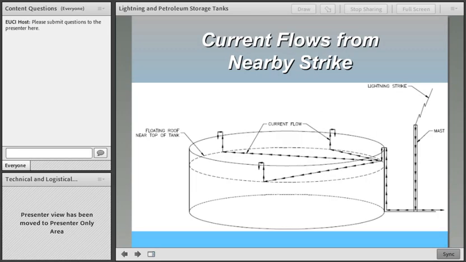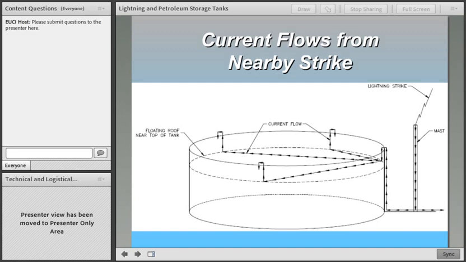This is an illustration of a strike to a mast near a floating roof tank. And as you can see, the lightning current travels down the mast and goes in both directions along the surface of the earth. So part of this lightning current will encounter the tank and go up the side of the wall and down the inside and again spread out across the roof.